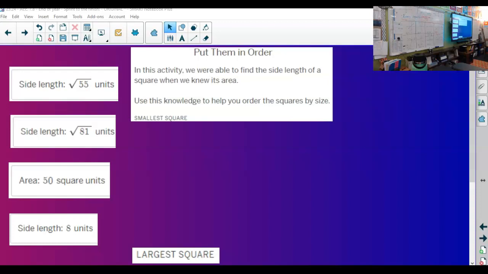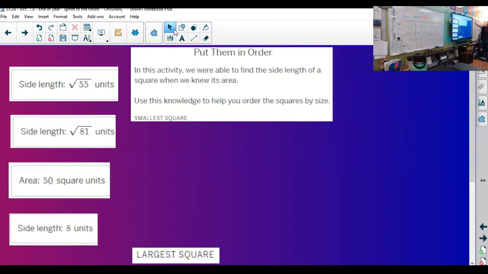Even if you're not on this one yet, I'm going to yank you to me for a moment. Perfect. I'm in charge, only for a few more days. If we have the side length, we can figure out the area by squaring it, or what you hopefully learned from that table is when you square a square root.